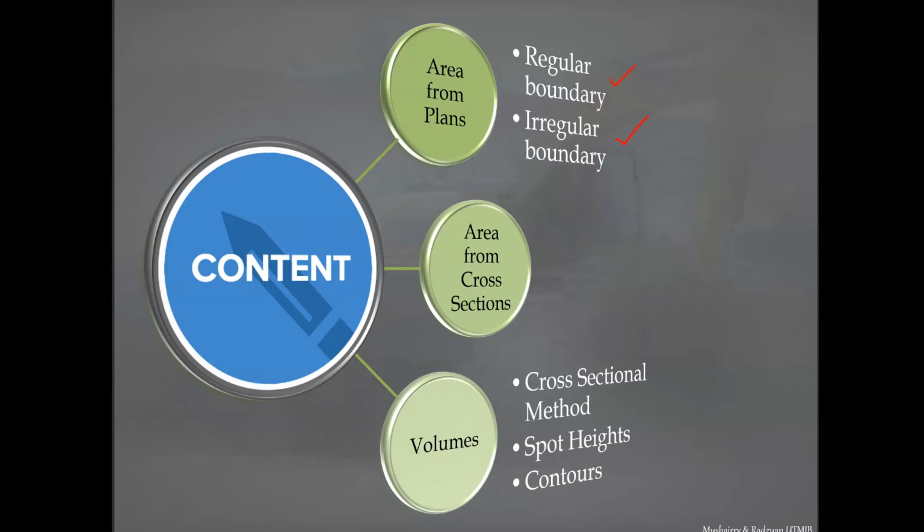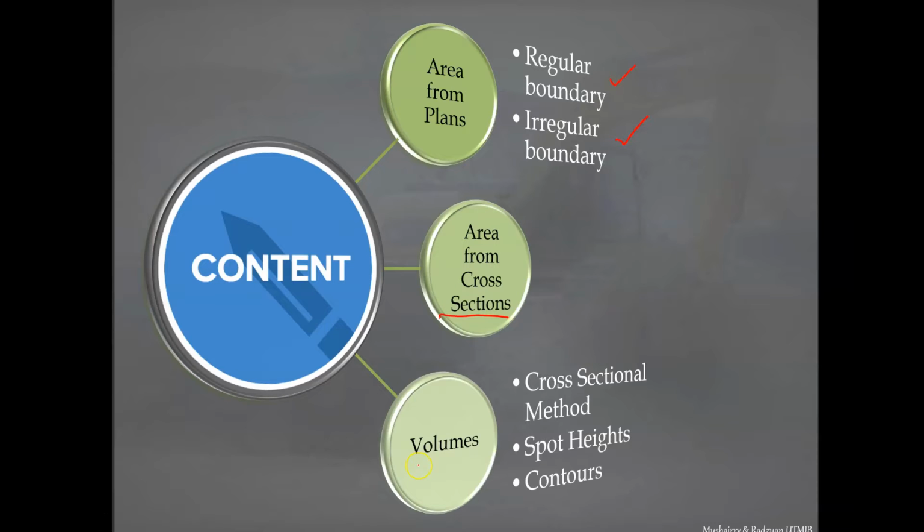Then we will also be looking at area from cross sections. We'll be looking at the methods in calculating or estimating cross section, because we need the cross sections to do subsequent processes in volume calculation.